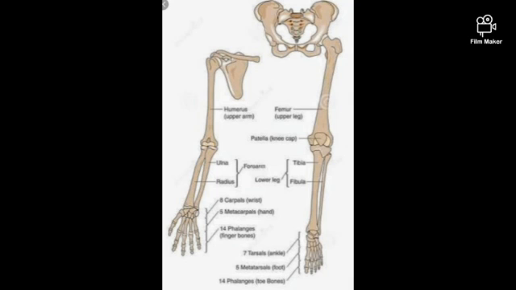The humerus is attached to the vertebral column, meaning backbone, through a collarbone which is present between our shoulder and neck, and the shoulder blade. The bone which is present in our shoulder is known as the shoulder blade.